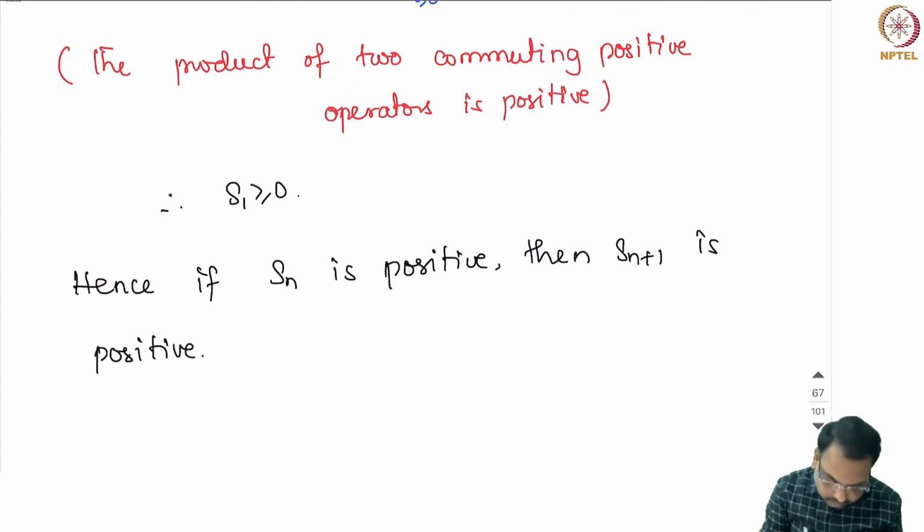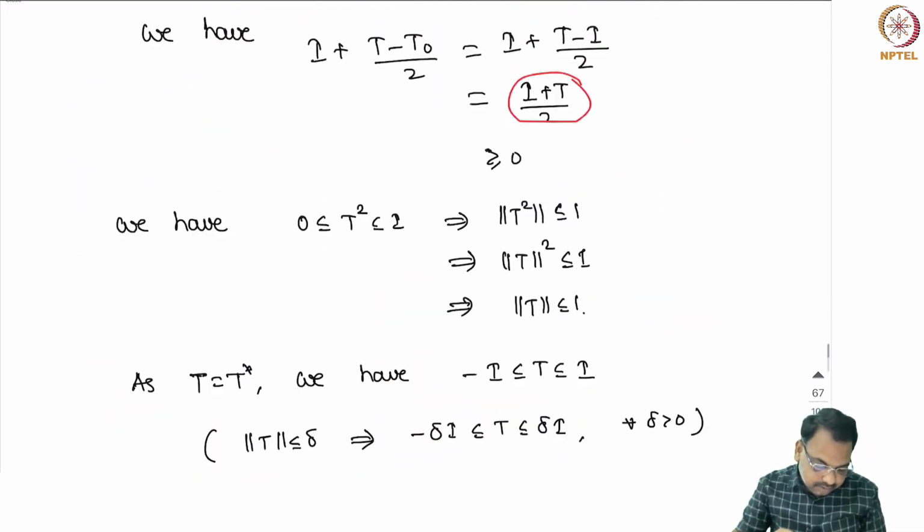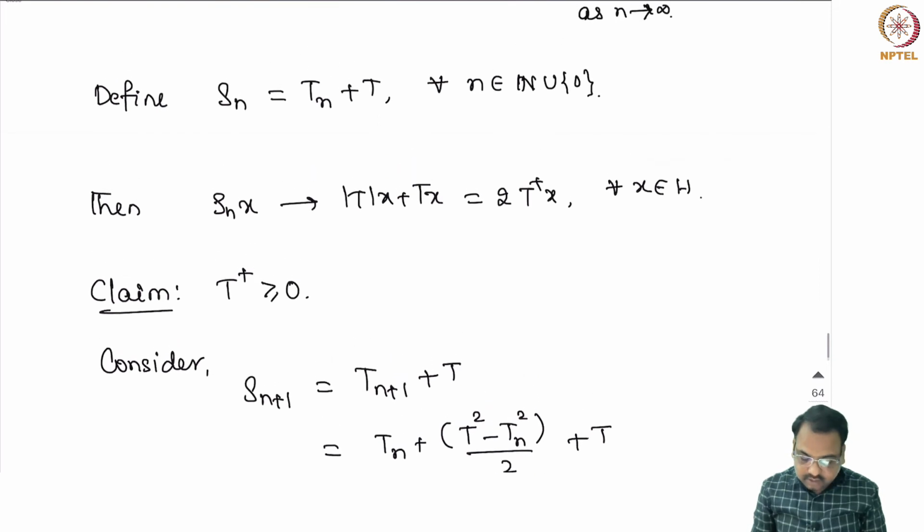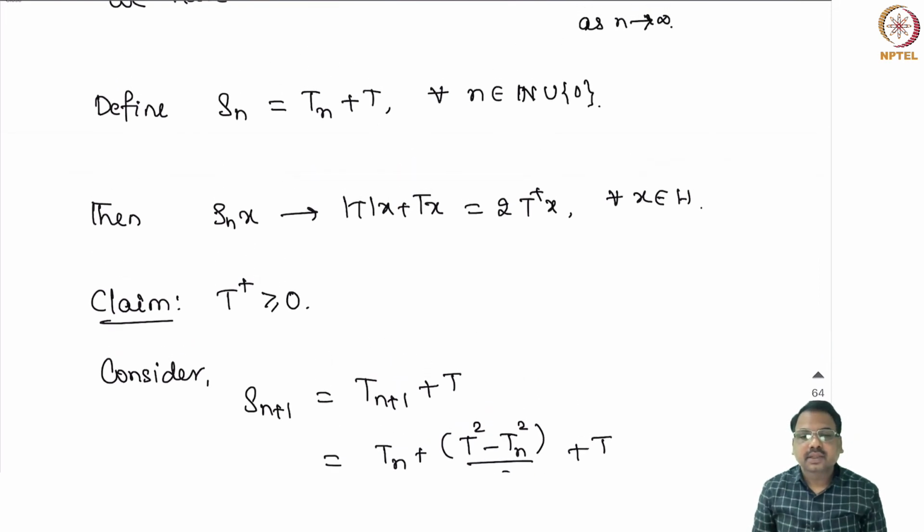Okay, so we have shown that the Sn are positive but we know that Sn converges to 2 times T plus. So if each Sn is positive, so inner product of Sn x with x converges to 2 times inner product of T plus x with x, that is positive.